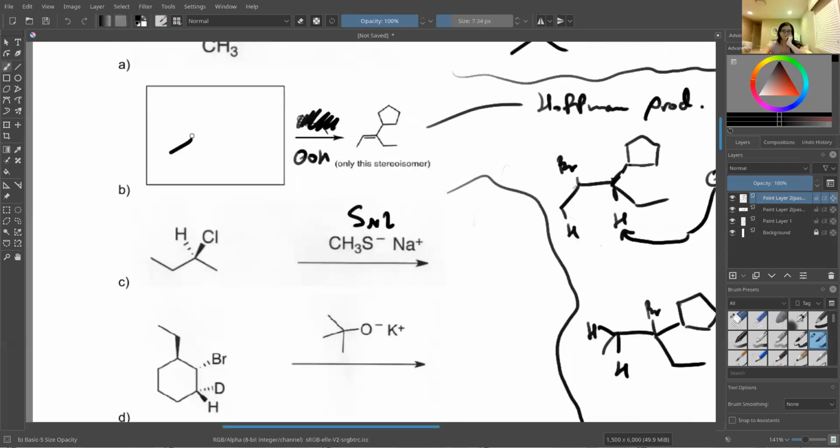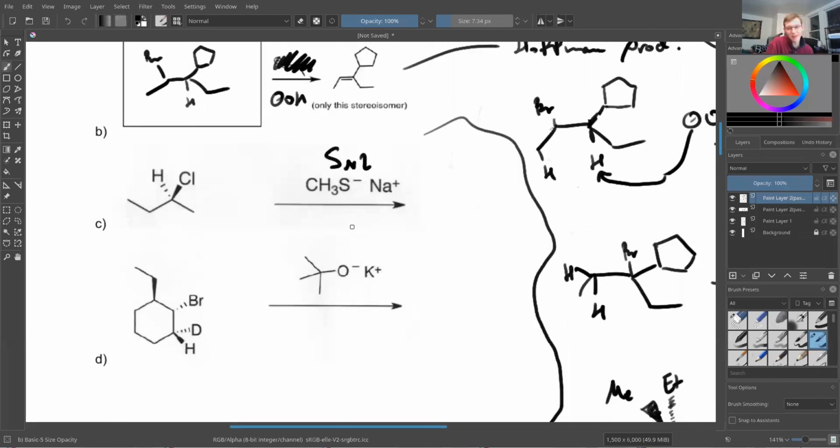Let me draw this thing. All right. Anyway, this is SN2, right? Anything special going on here? No, not really. It's just a normal SN2, and like you've said before, invert stereochemistry. That's it, right?